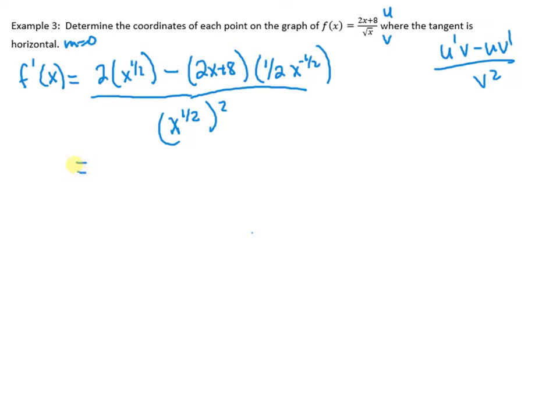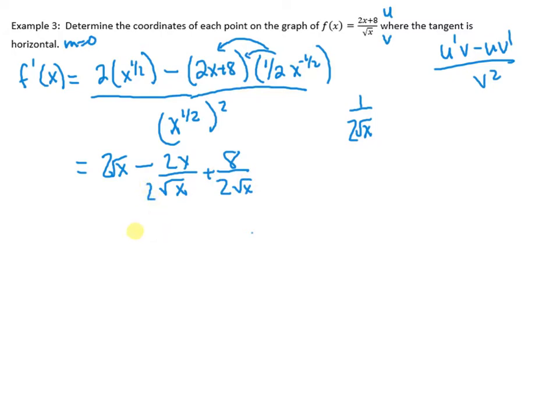Okay, again, you can sub in, yeah, let's break this down because we're going to have to equate this side to 0. So this is 2x, this is going to be 2 root x minus, and let's actually expand this. So this 1/2, I'm going to put the root x on the bottom. Okay, so I have 2x over root x plus 8 over 2 root x. Oh, that's 2 root x. And then that's all over just simply x because those cancel out.